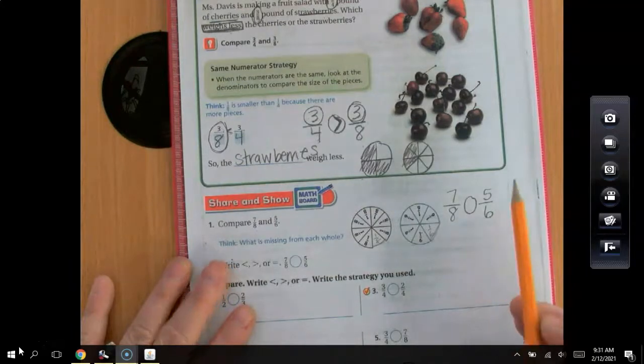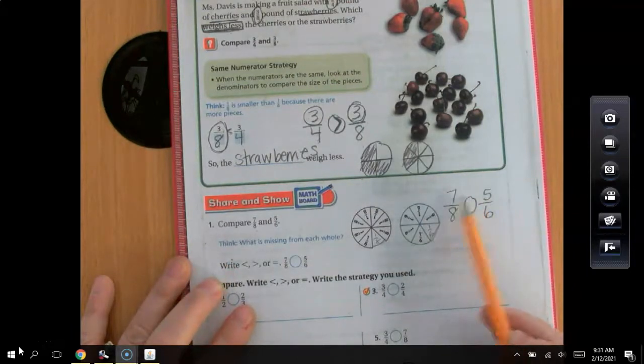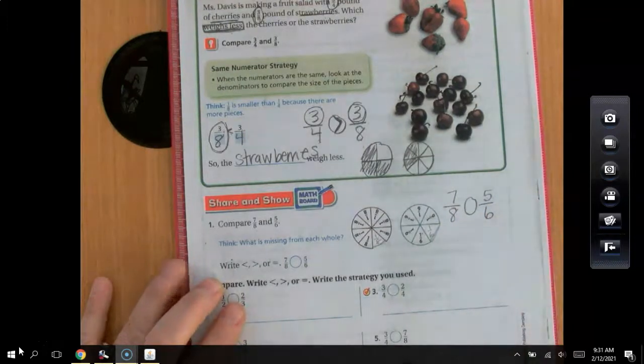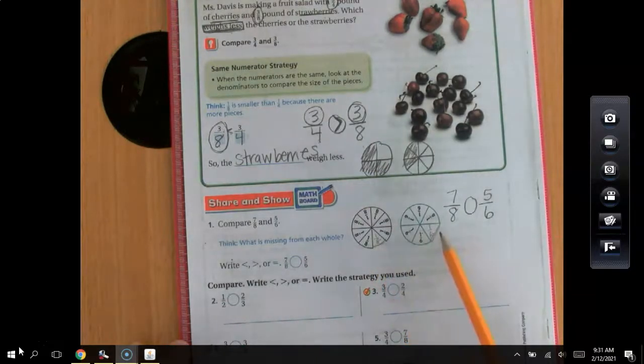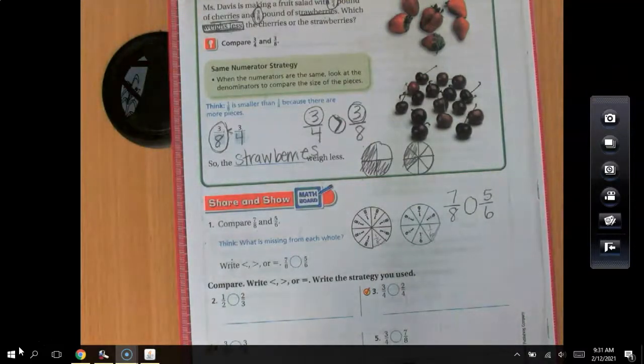No. Are my numerators the same? No. There's nothing the same about them. Of course, I could draw my pictures, okay? But there's another way I'm going to show you. There's another strategy that I think you'll really like. You're all great at multiplication, okay? We are going to do something that means cross multiply.